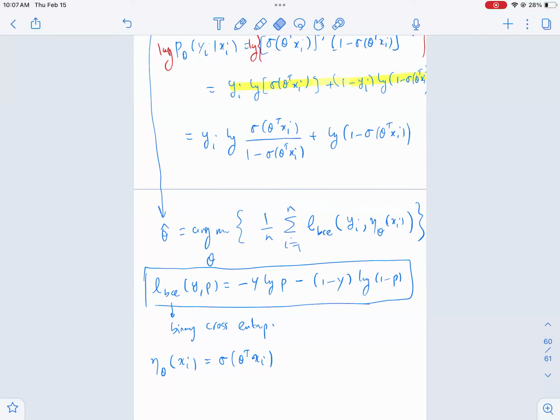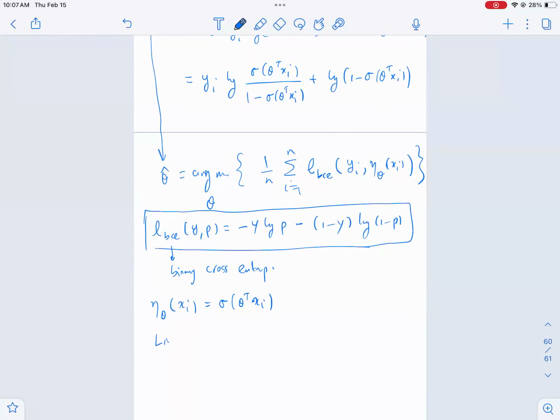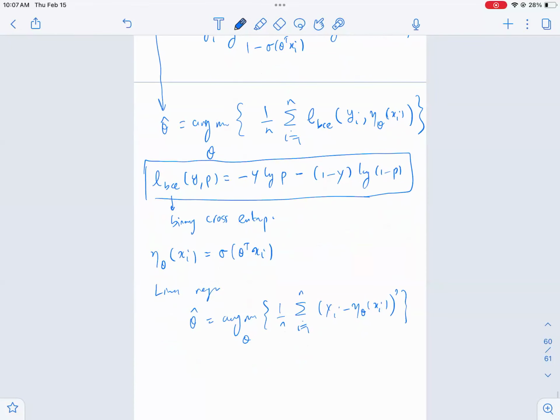Okay. If you go back to the regression, like linear regression, it was theta hat argmin, summation i from 1 to n, of yi minus eta theta of xi squared, where eta theta was theta transpose x.